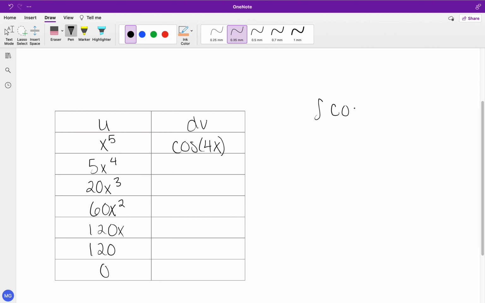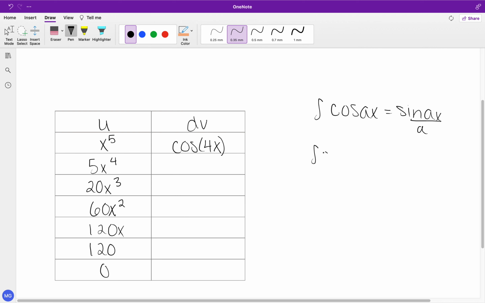With these formulas, we can easily find the integrals of dv. The integral of cosine of 4x will be sine of 4x over 4.